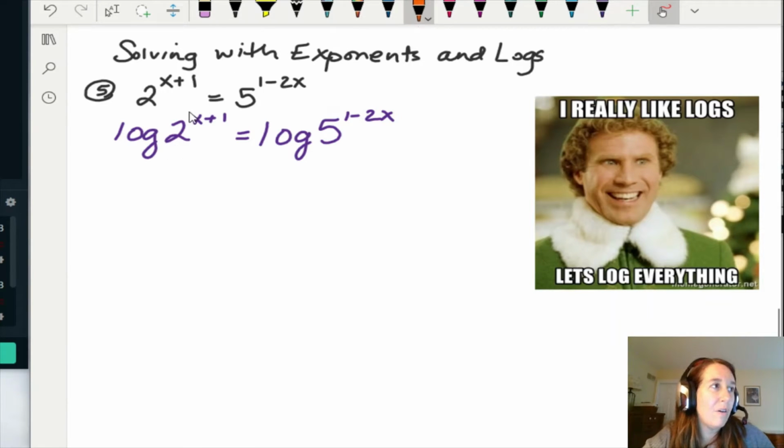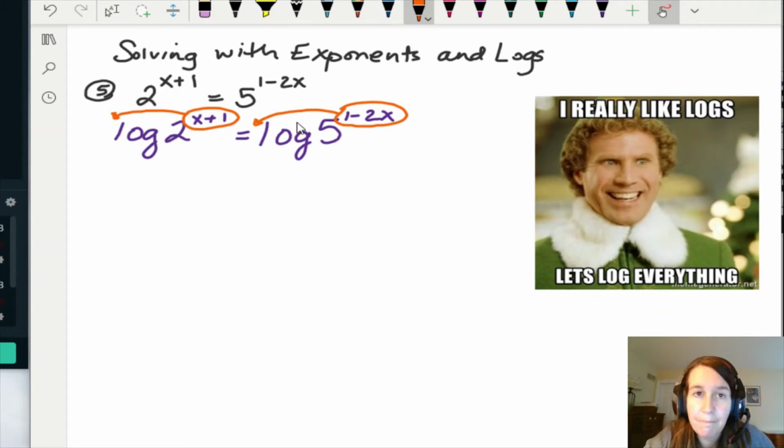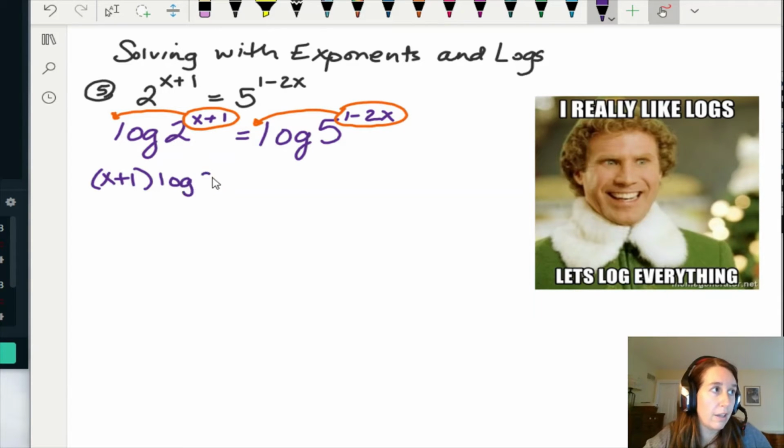Okay. So now I have a kind of an even worse problem, right? Except I know that I could take these exponents now and write them out front. So the x plus 1 and the 1 minus 2x can be written as multiplied by the log. So let's do that. I would use parentheses to say it's x plus 1 times log of 2.